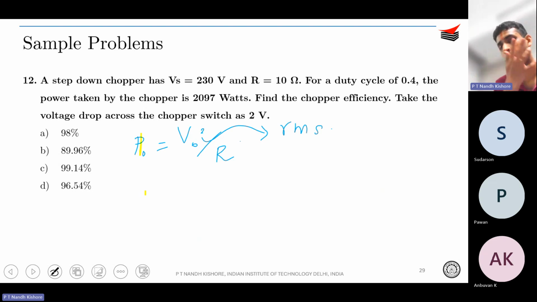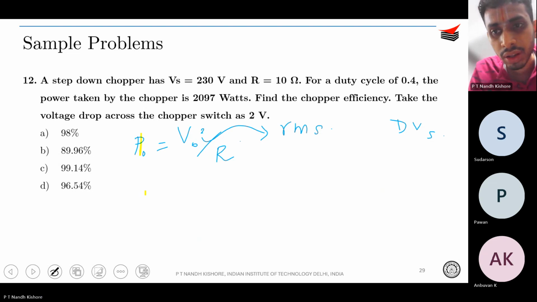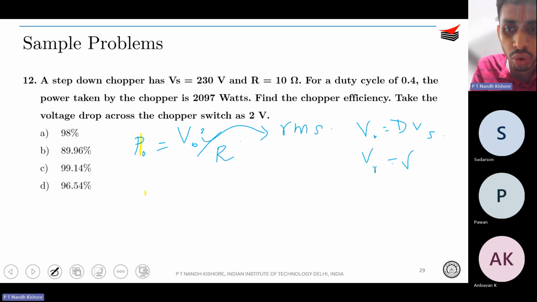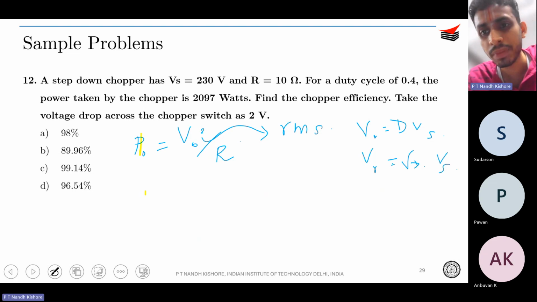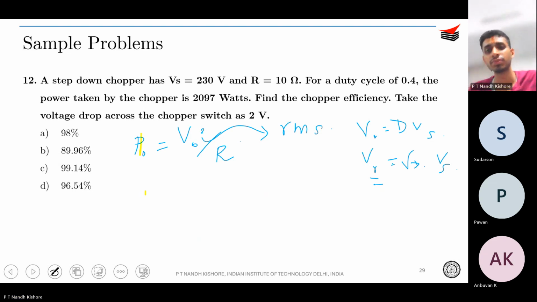So what you need to do is not D times Vs, right? That is your average voltage. Your RMS voltage is going to be root over D times Vs. This is the trick over here. If you know this, then the problem is done.